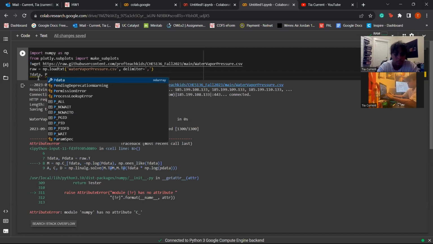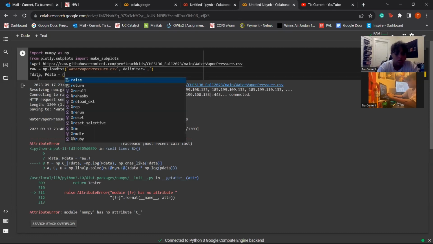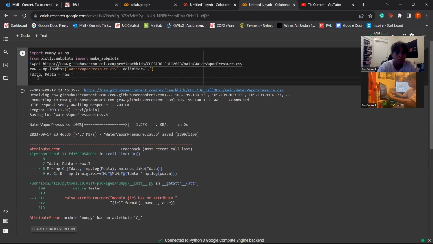The next part is getting the data, like the temperature and pressure, from the CSV: raw.t, and the raw has to be lowercase raw. There we go.